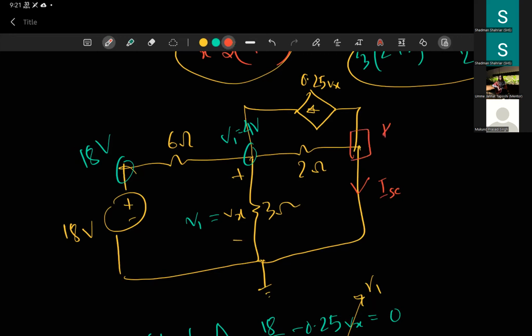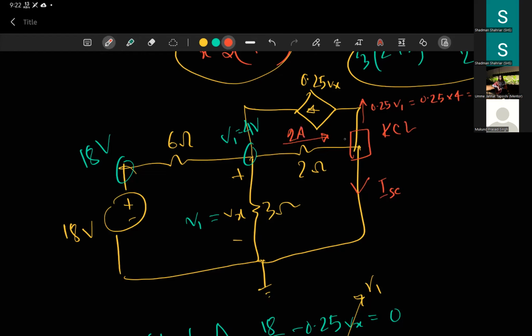You know the current going through here is 0.25 Vx, and the value of Vx is V1, which is 4, so that is 1 ampere. And the current through this resistor is basically 4 volts minus 0 volts divided by 2, which is 2 amperes.